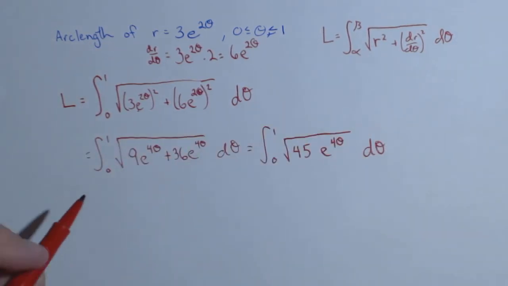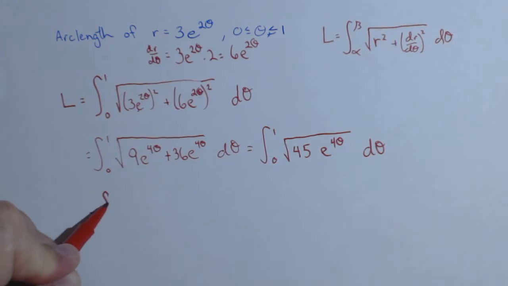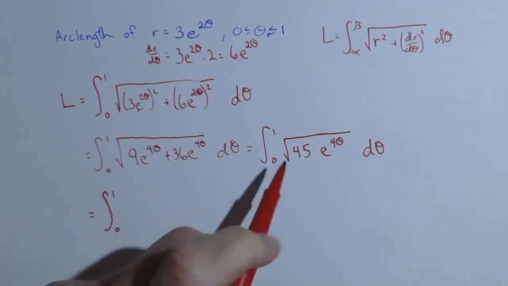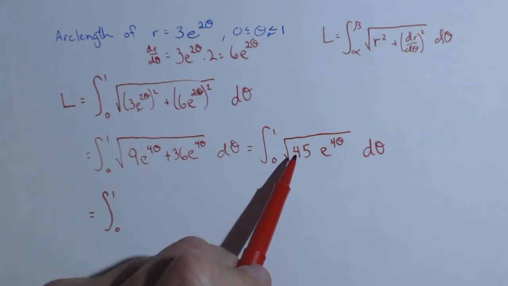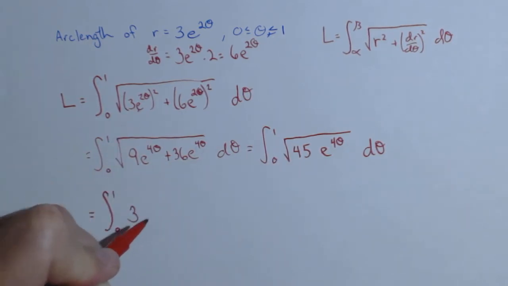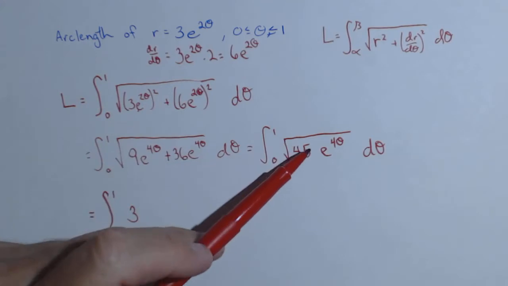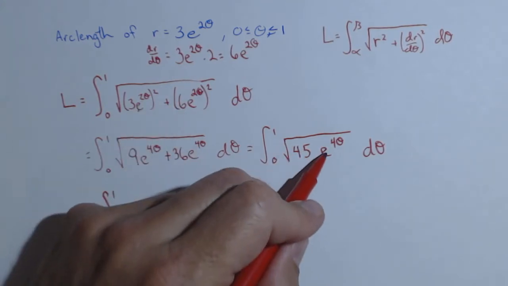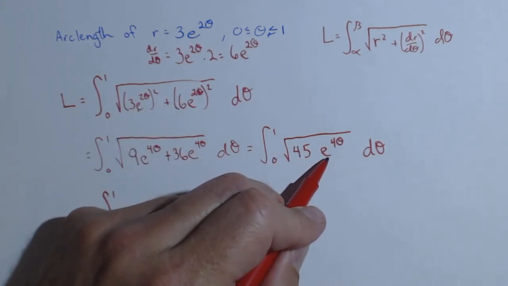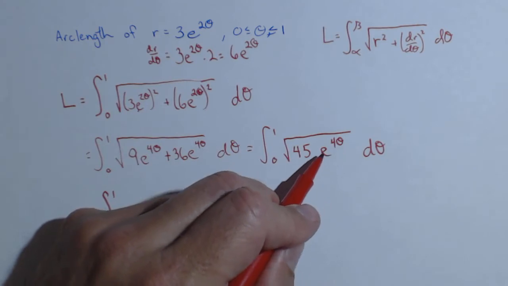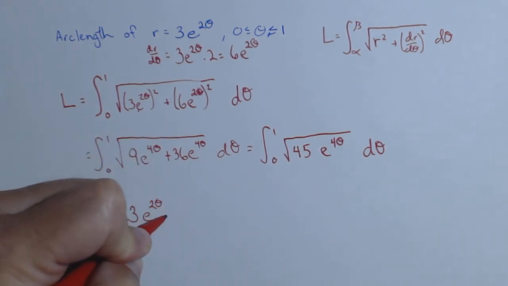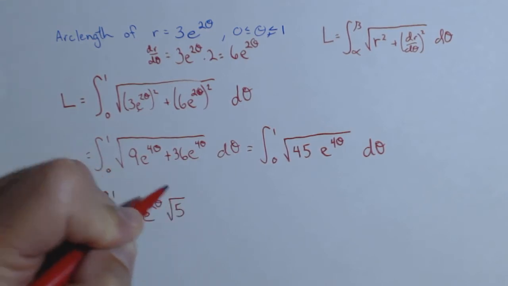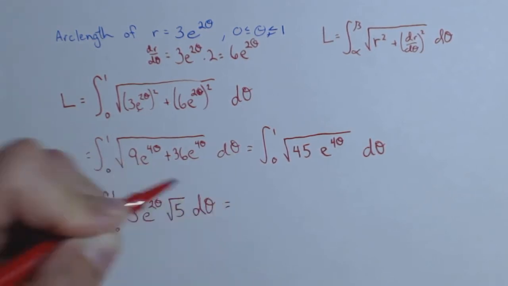So we have some perfect squares in here that we can simplify a little bit. 0 to 1. 45 could be split into 9 times 5. So that means I can pull a 3 out of the radical, the square root of 9. And also, this is a perfect square. If I take the square root of this, same as raising it to the 1/2 power, that's e^(2θ), and then I'm just left with the square root of 5 dθ.